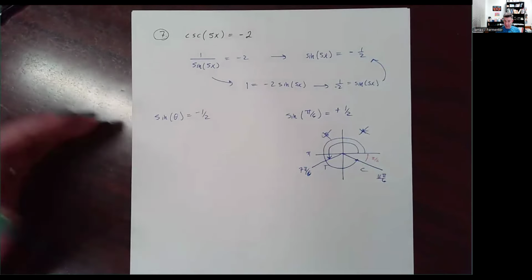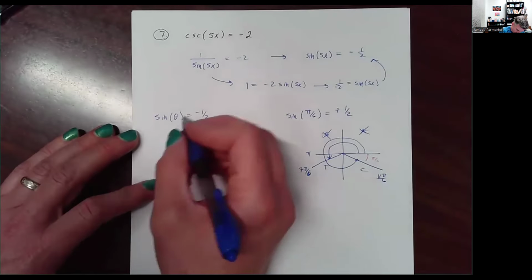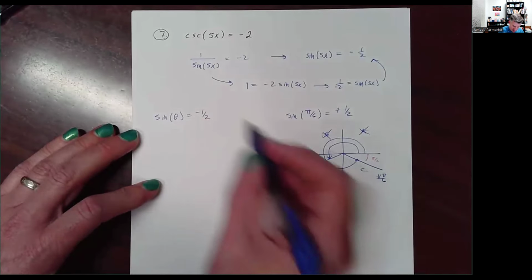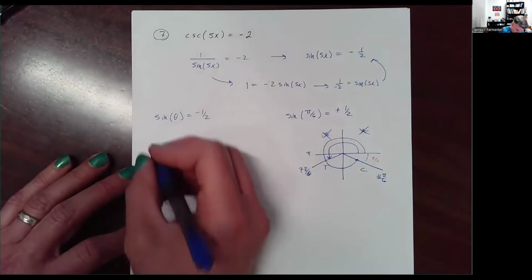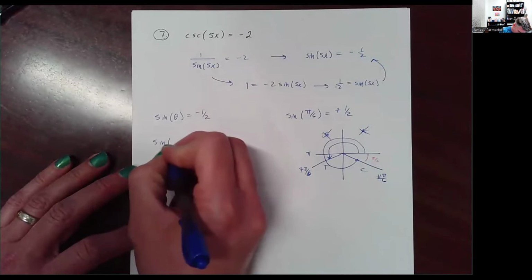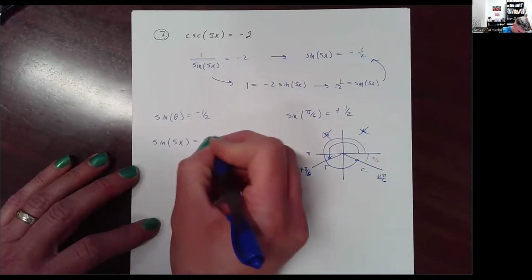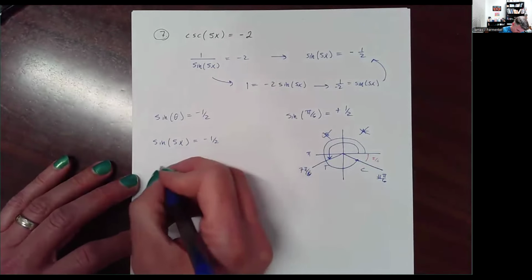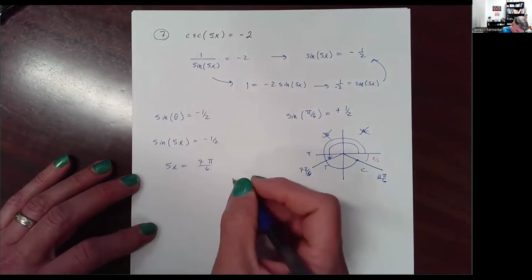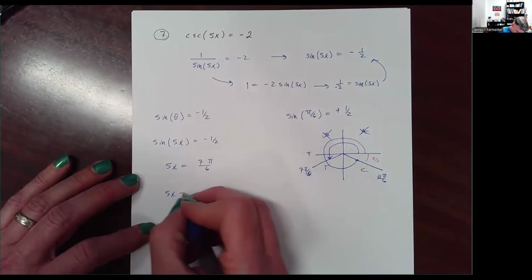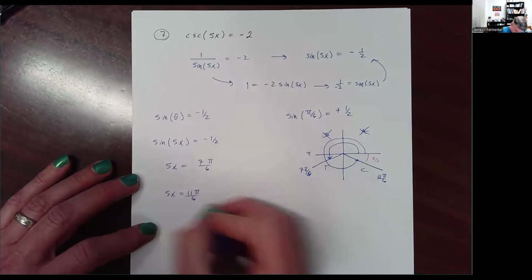So those are my two beginning angles. So I know that I want theta equal this and that, but my theta is really 5x. So I should really be saying that I want sine of 5x equal -1/2. So I need either 5x to equal 7 pi over 6 or 5x to equal 11 pi over 6.